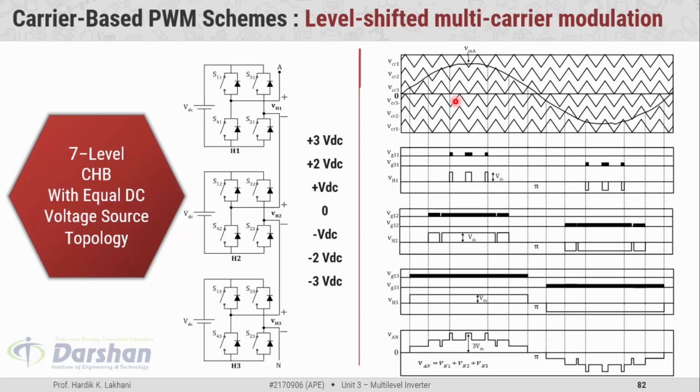For the carriers below the zero reference, which are VCR3 minus, 2 minus and 1 minus, the S31, S32 and S33 are switched on when the modulating signal is lower than the carrier signals.